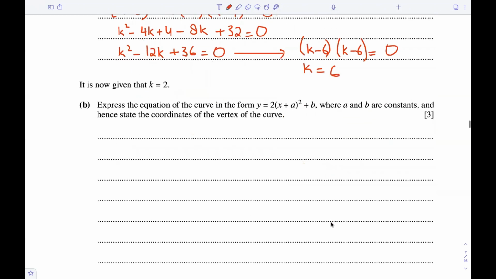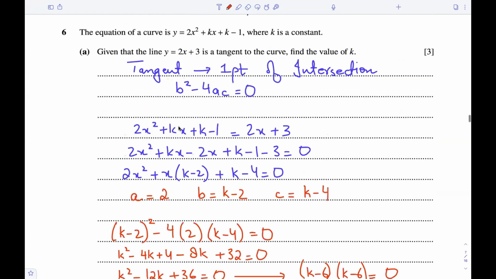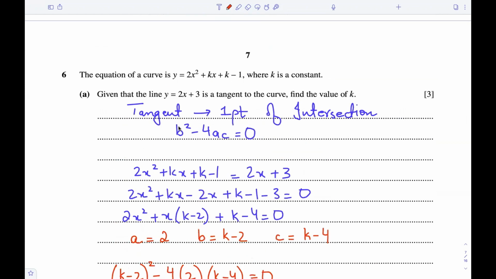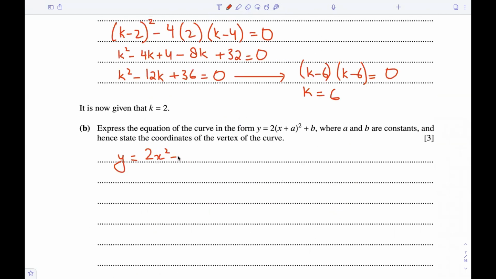In part B, we have the value of k equals 2. We have to express the equation of the curve in the form 2 into x plus a whole squared plus b. So the equation of the curve was y equals 2x squared plus kx plus k minus 1. Replacing k with 2, we'll get 2x squared plus 2x plus 1.